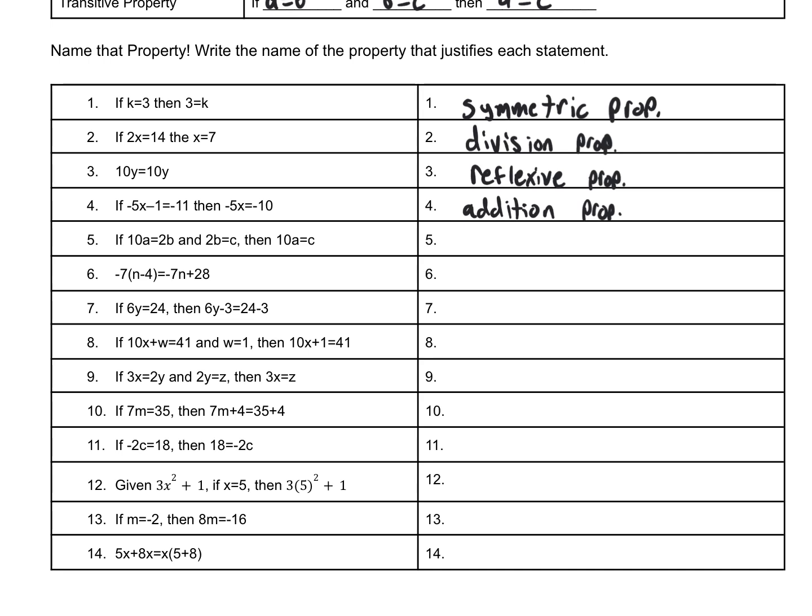If 10a equals 2b and 2b equals c, then 10a equals c. That is the transitive property. Number 6, negative 7 parentheses n minus 4 equals negative 7n plus 28. That is the distributive property.